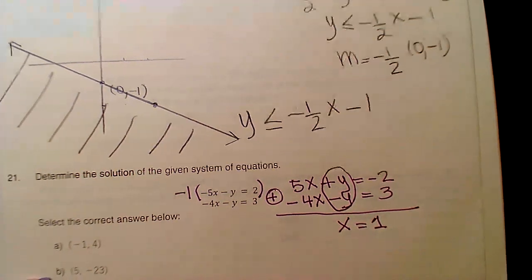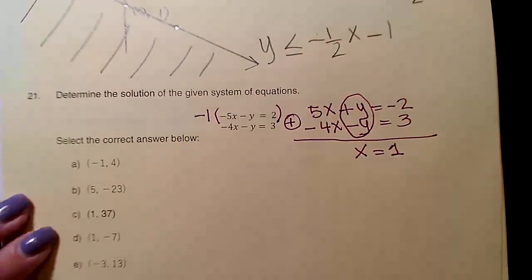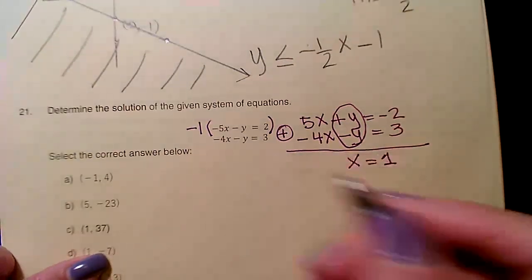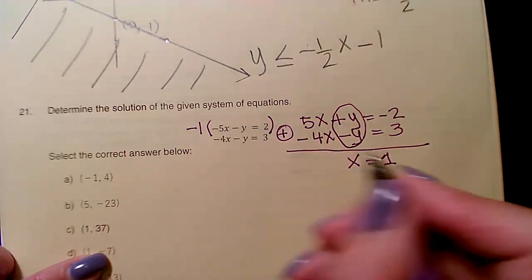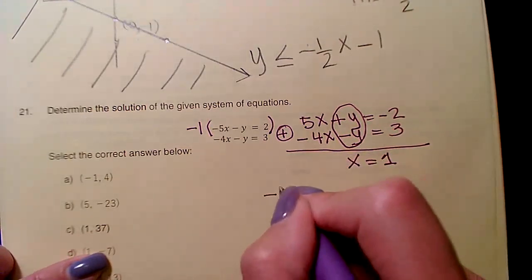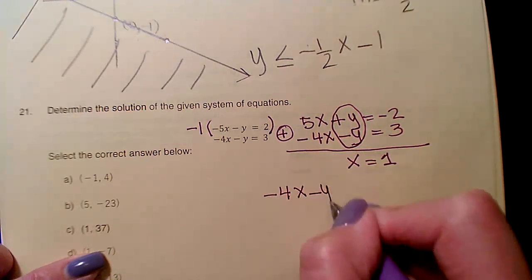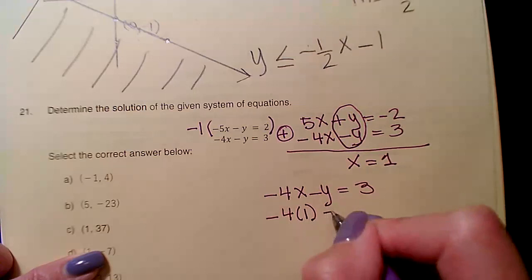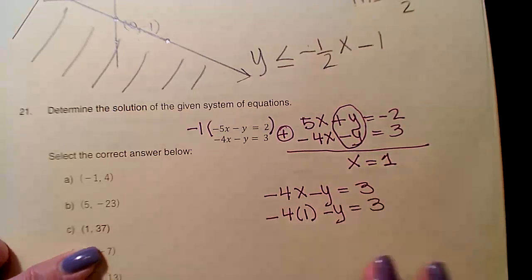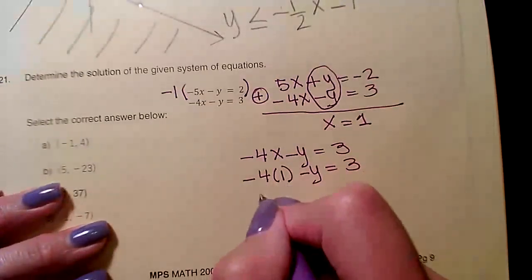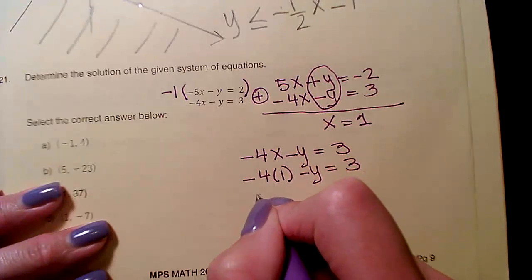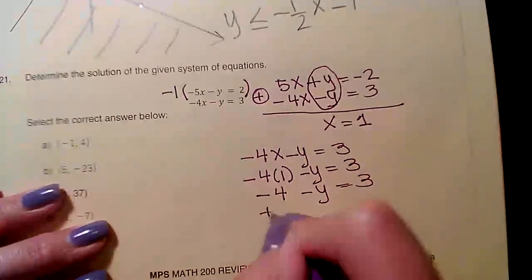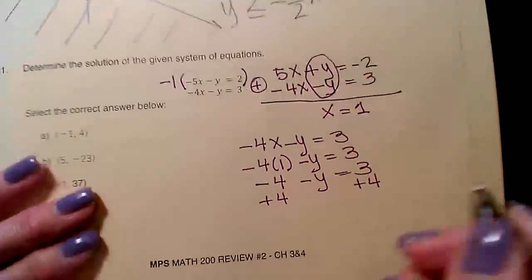So it could be either 1 comma 3 or 1 comma negative 7. All I need to do is come back here and replace the 1 and solve it for y. So I could take the second one or the first one, it does not matter. Right? So we're going to be adding 4 here.